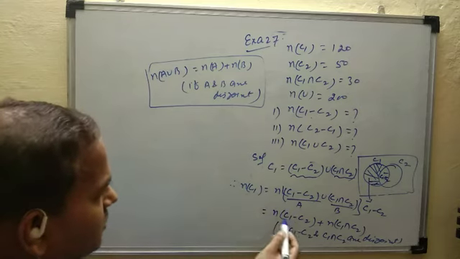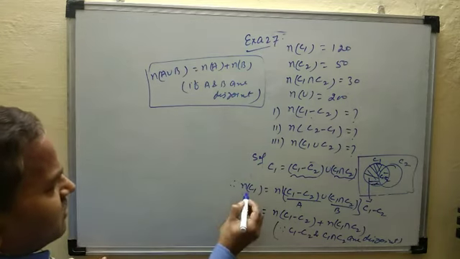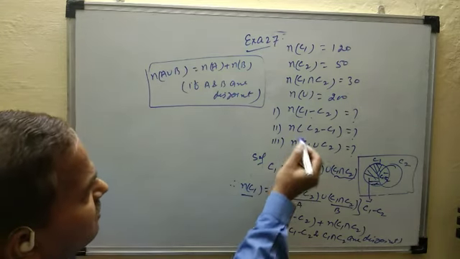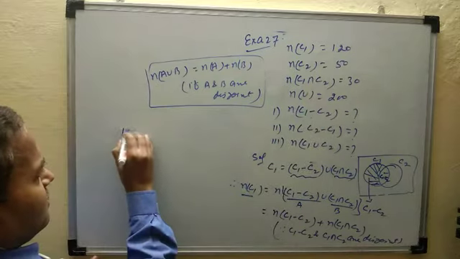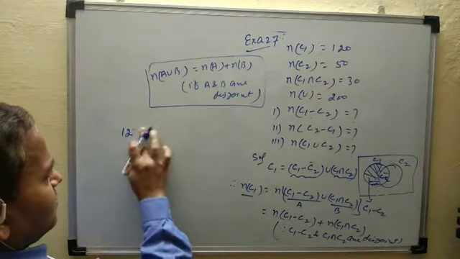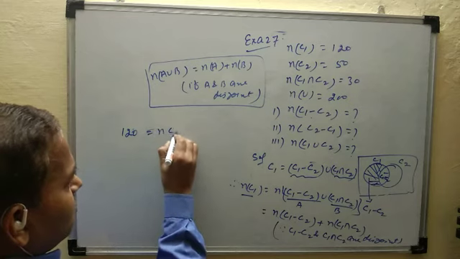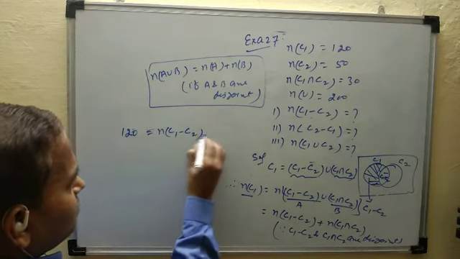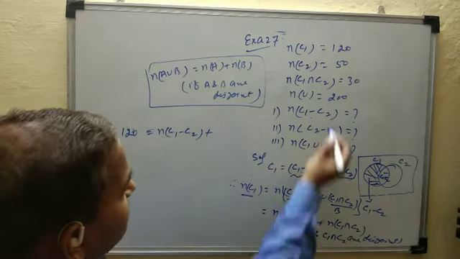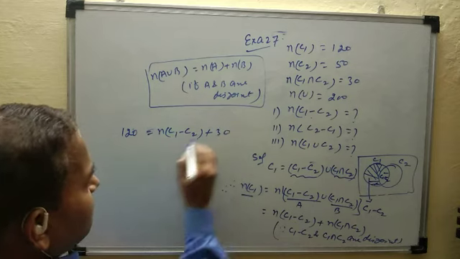Now put the values. So number of C1 is equal to 120, which equals number of C1 minus C2 plus C1 intersection C2, given 30.